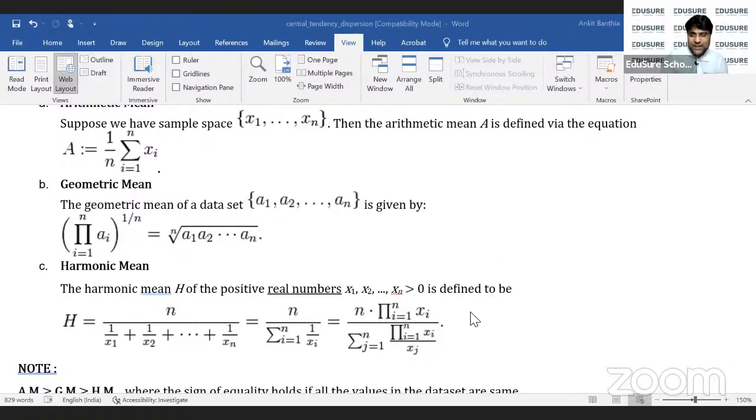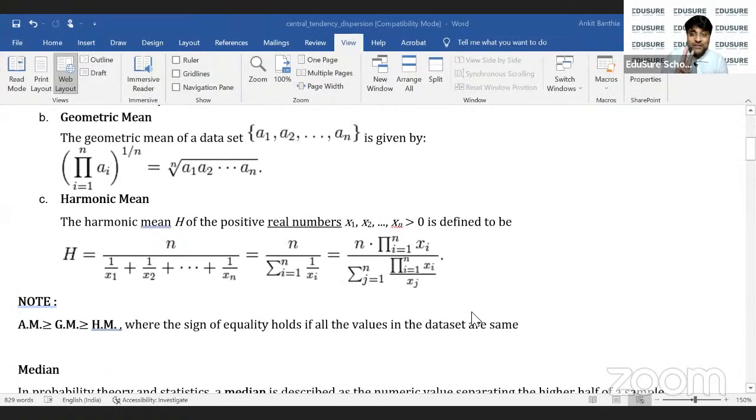And there is a very interesting relationship between three means. Arithmetic mean is always greater than or equal to geometric mean, which is greater than or equal to harmonic mean. This is a very important relationship. In maxima and minima, 50 to 60% of the problems will be solved only by this inequality.